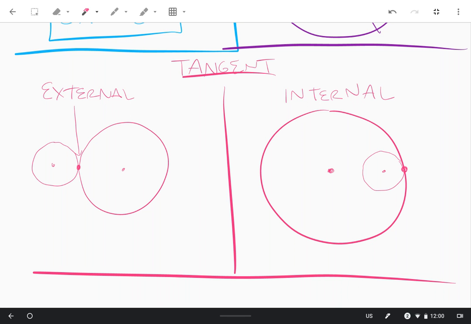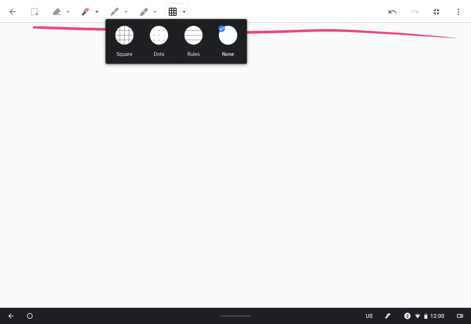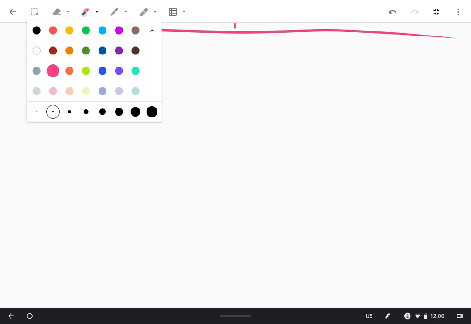All right, so that's basically the terminology that you need to have from this lesson. And then the last thing is how to express the formula for circles when you're actually looking at them in a coordinate plane. Okay, so I'm going to write down the formula and explain what the parts of the formula mean. So this is the standard form equation for circles.